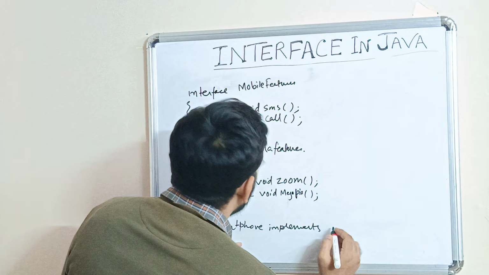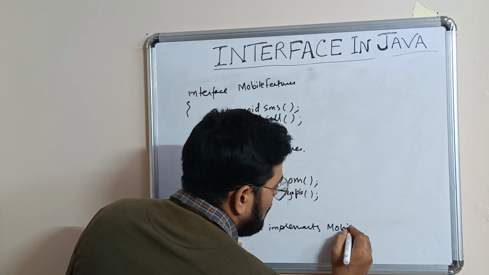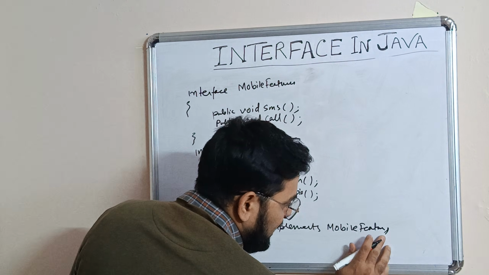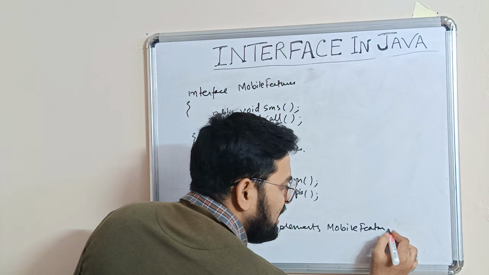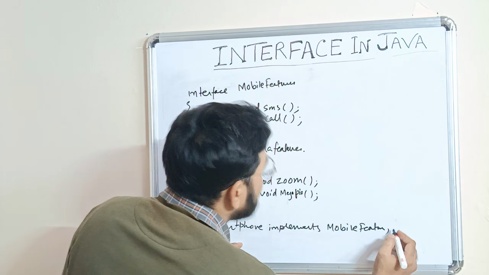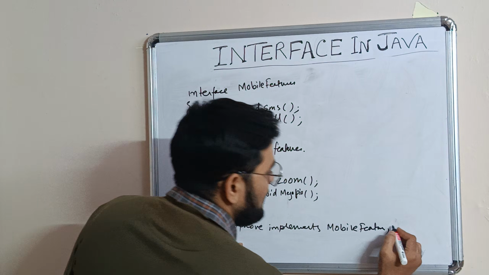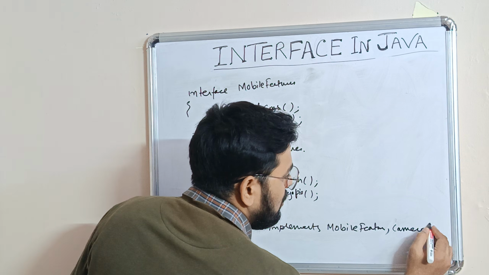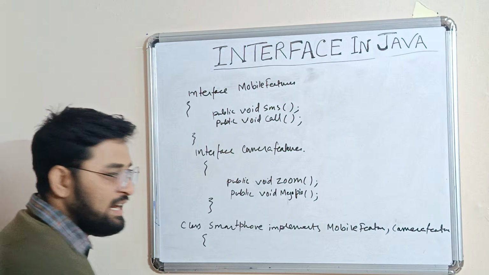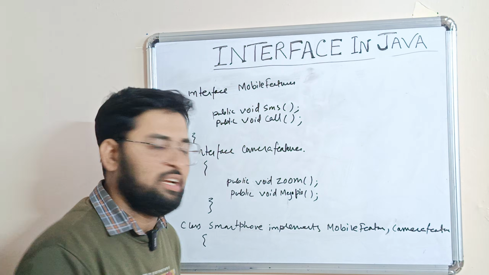After implements we write mobile features, then a separating comma, and another interface name, camera features. You can have multiple interfaces, two, three, four and so on. This is the way to create a class that implements interfaces.